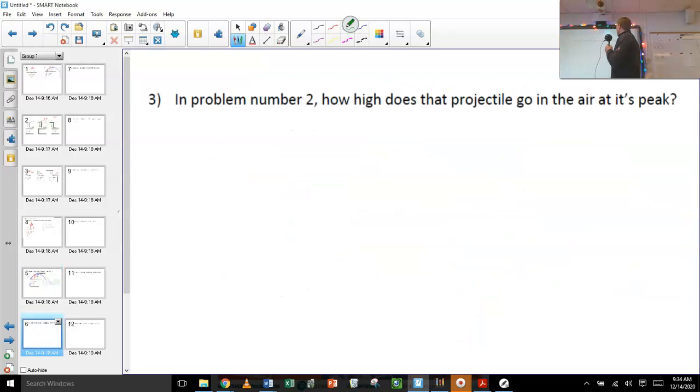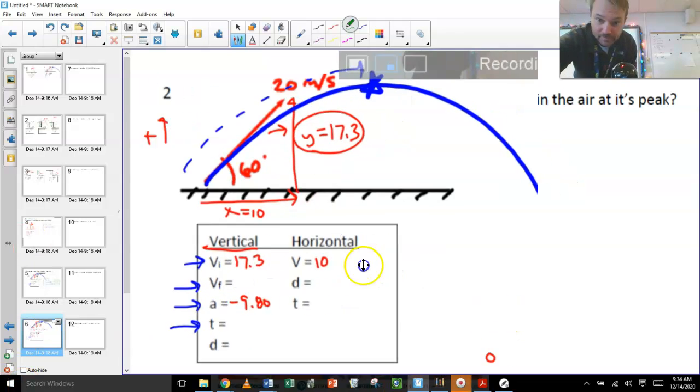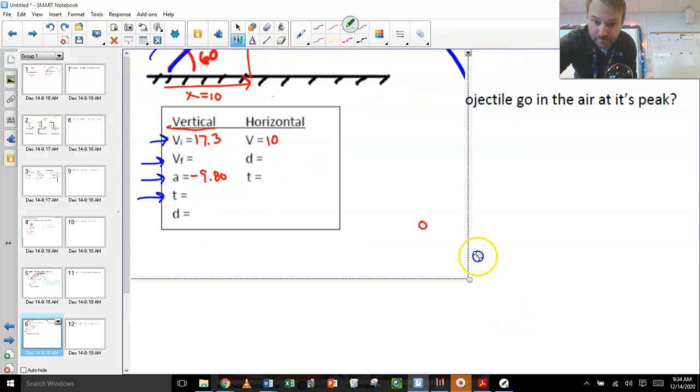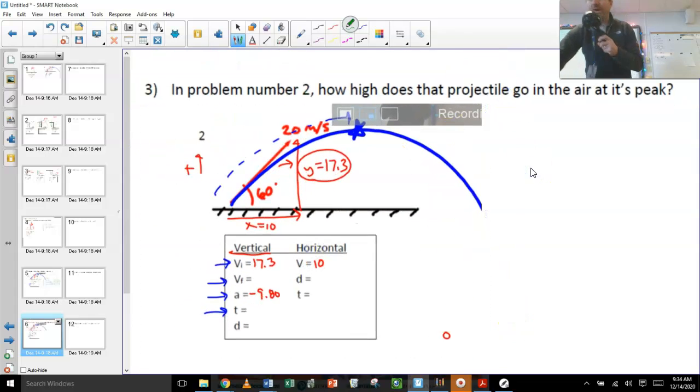In problem number 2, how high does that projectile go in the air? So I'm going to paste that same work that I had before. How high does it go? I'm going to make sure that I use this spot right here, because that's how high it goes, and I'm going to solve for the displacement.